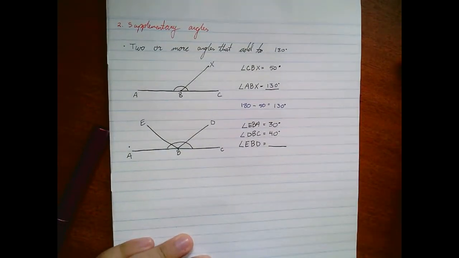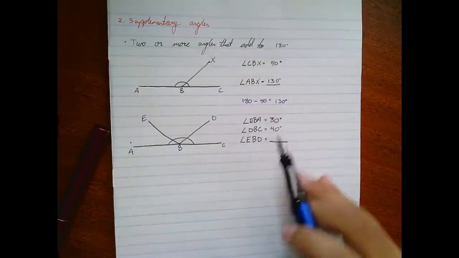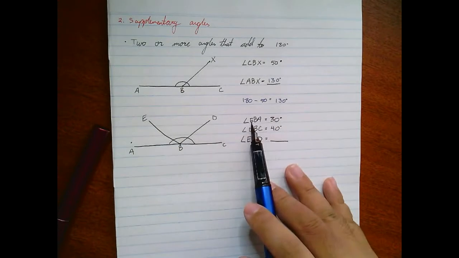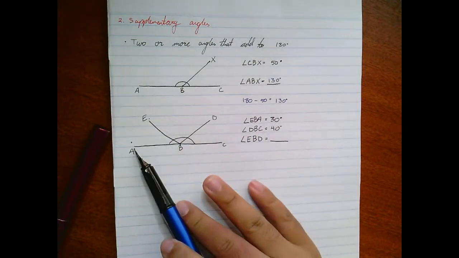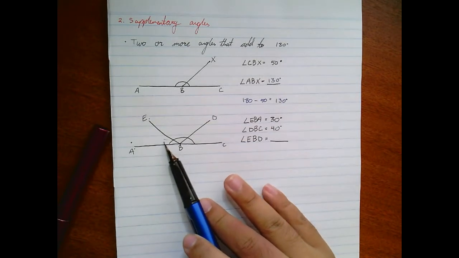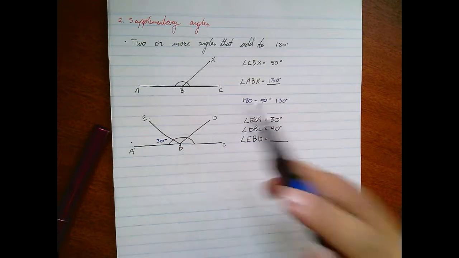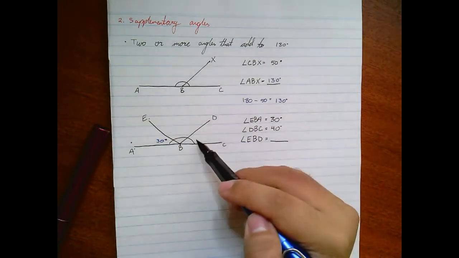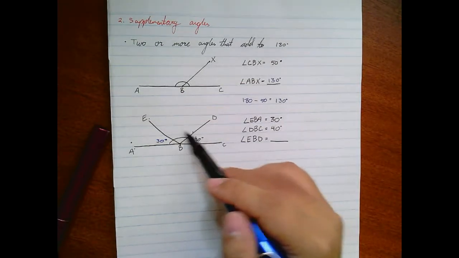So first, let's find out where it is. Angle EBD. So let's actually put these numbers onto the diagram. EBA, it's this angle here. So that's 30 degrees. Angle DBC is 40 degrees. So what is this angle?